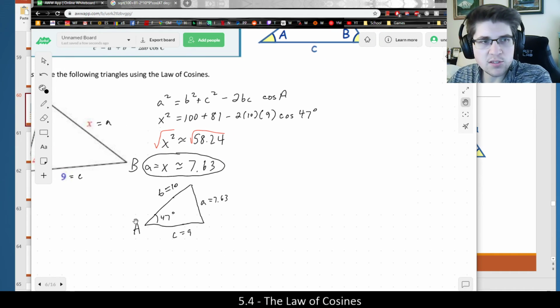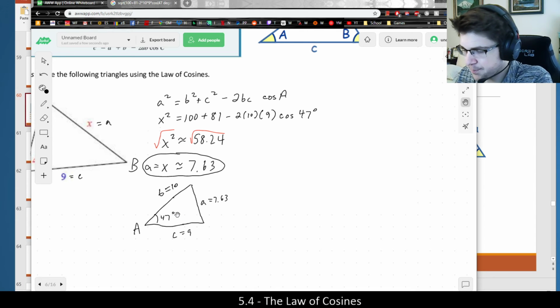So what I'd recommend is once you've solved one pair from the law of cosines, you can then jump to the law of sines. And a lot of the time you can use either one, and it doesn't really matter which one you use. But there's very specific cases where you can only use the law of sines or only the law of cosines. Here, it could be either one.